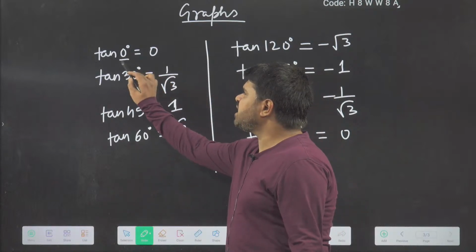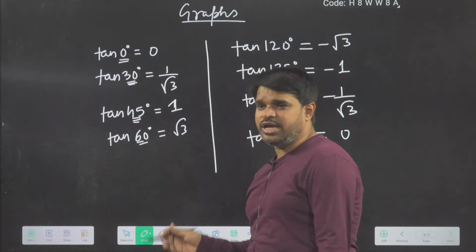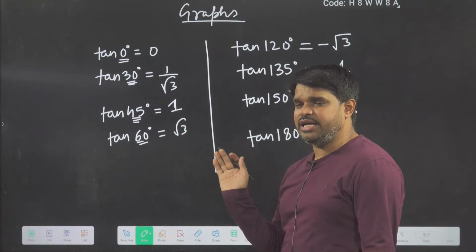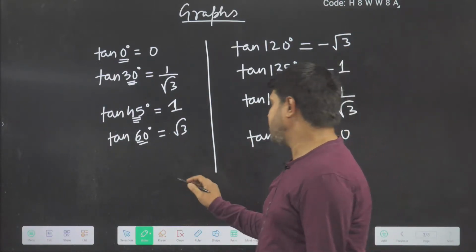See, all these angles 0, 30, 45, 60 are less than 90. Such angles are acute angles.